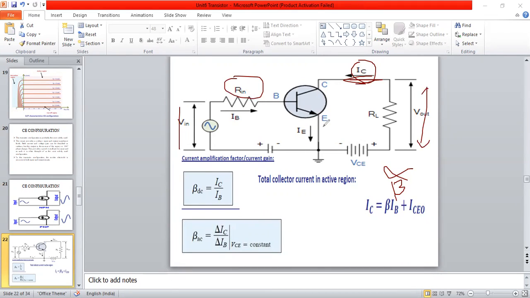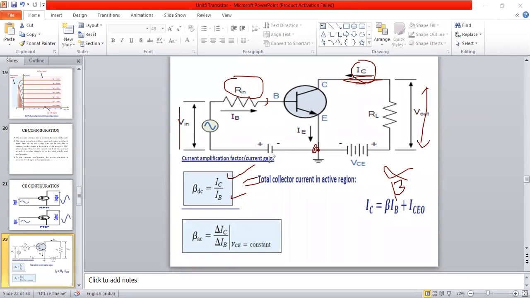See here, emitter is not an input here now. Base is the input here now. Remember that thing. Base current is the input current. Collector current is the output current. Because of this common point, it is reversed here now. So the amplification factor or current gain is the ratio of change of output current to the input current.